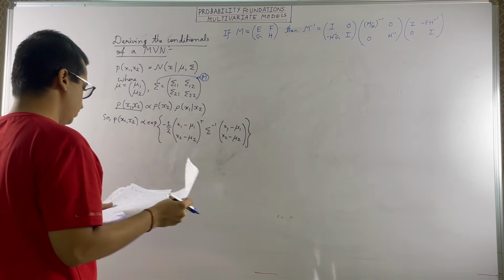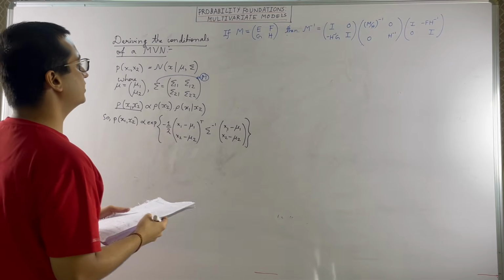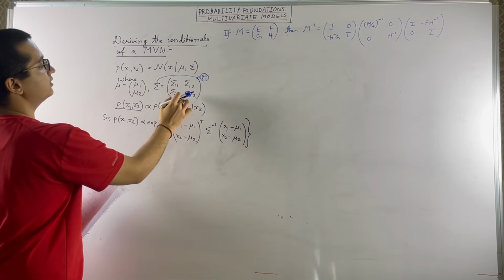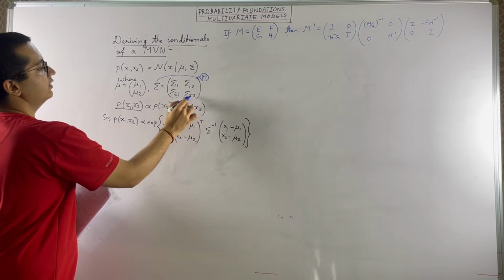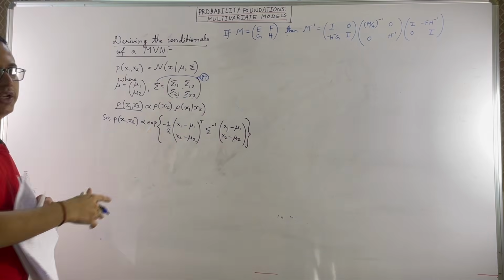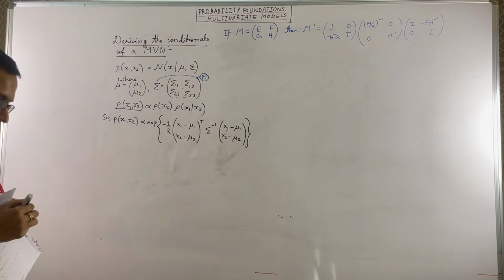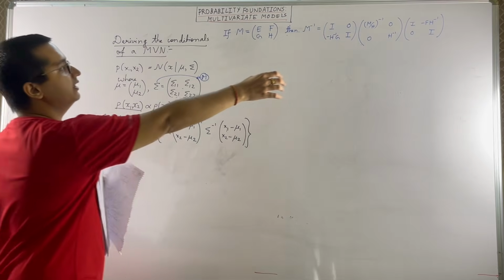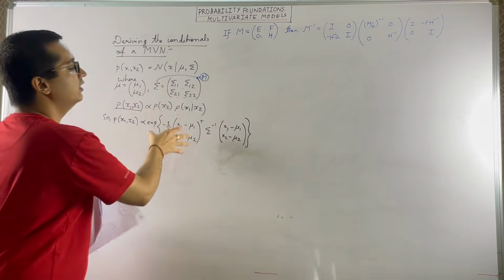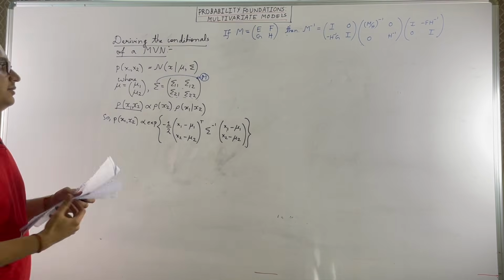So that is what I'll do. That is why I need this, because this sigma 1 1, sigma 1 2, sigma 2 1, sigma 2 2 is complex, it's a full covariance matrix. I need to break it down into this block form so that I can somehow manipulate this expression.